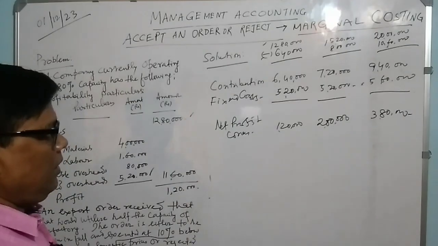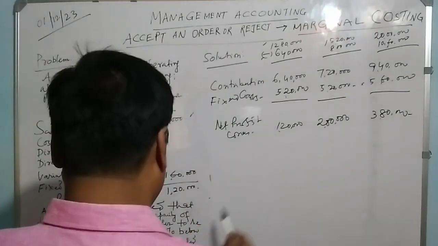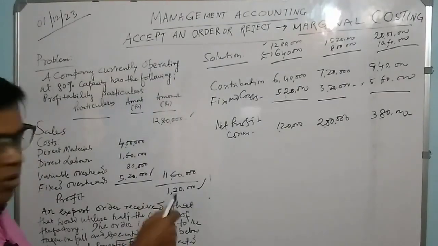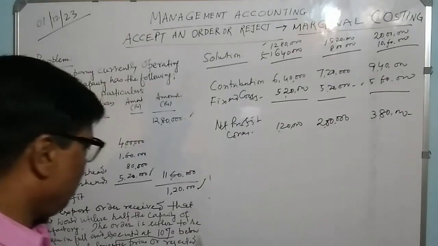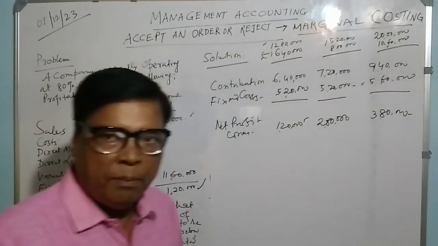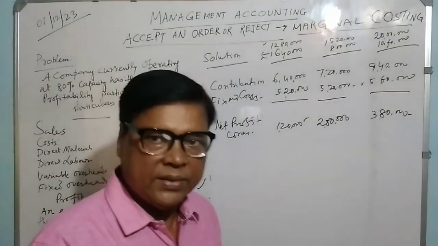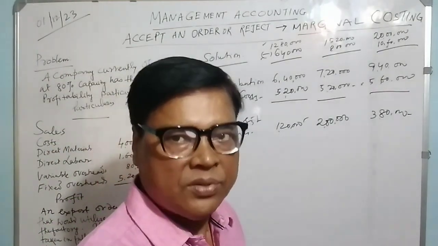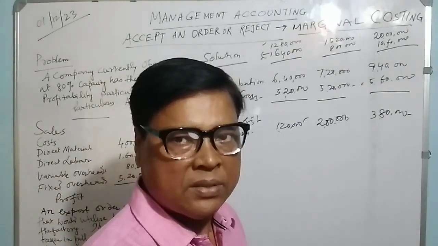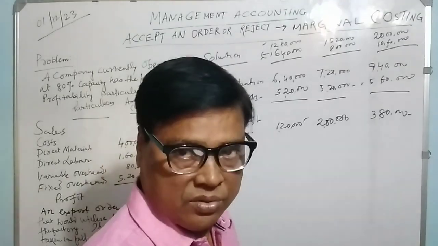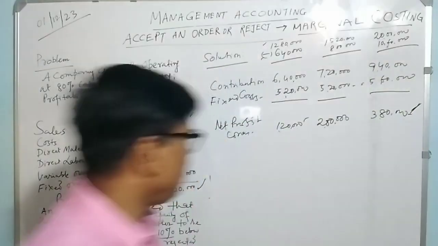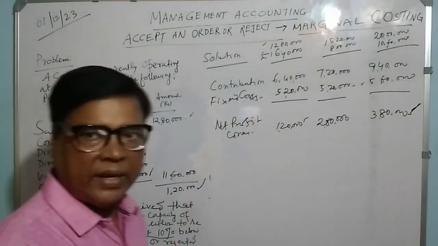You see, now we have to come to a conclusion. If you restricted yourself to your domestic product, your profit could have been restricted to 1,20,000 only. But with a little analysis and exercise, that means some internal calculations and additional cost benefit analysis, your profit increases from 1,20,000 to 3,80,000.